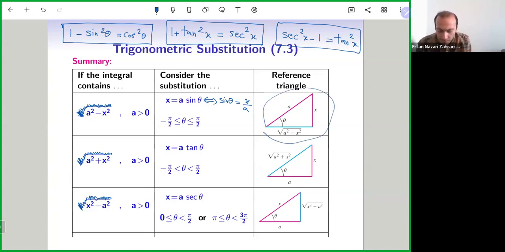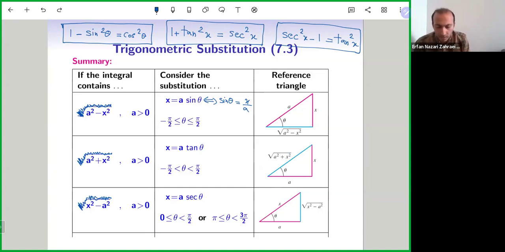I'm explaining how this triangle is created. Even if you memorize these substitutions, don't memorize this. That's the worst thing to do; definitely you will confuse it in the exam. You don't need to memorize this.